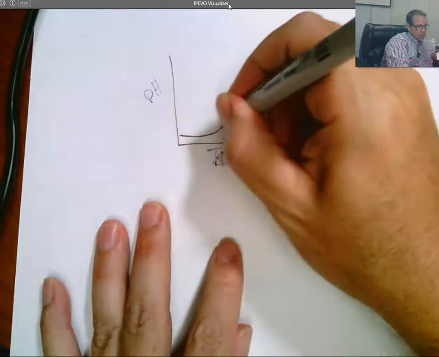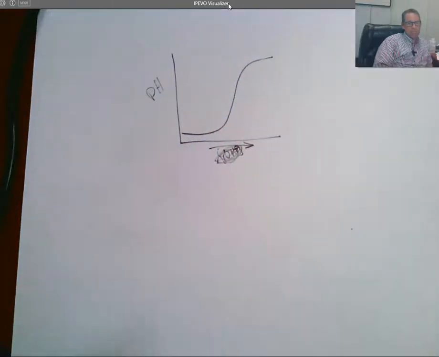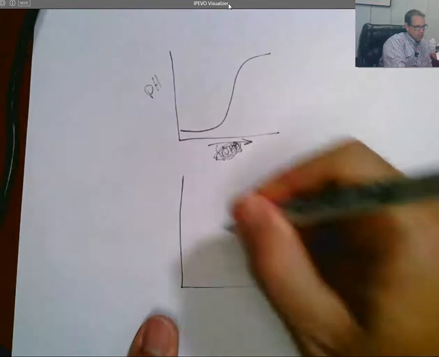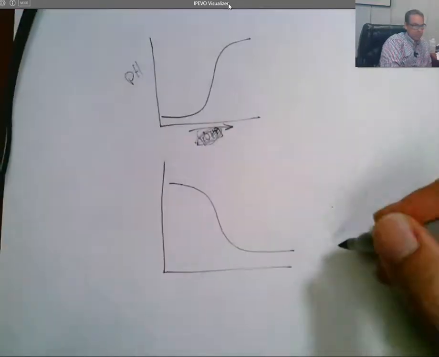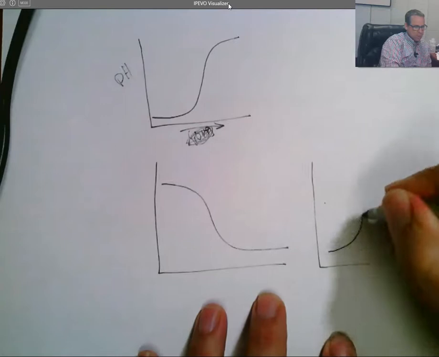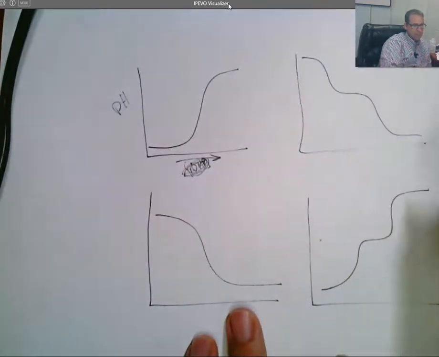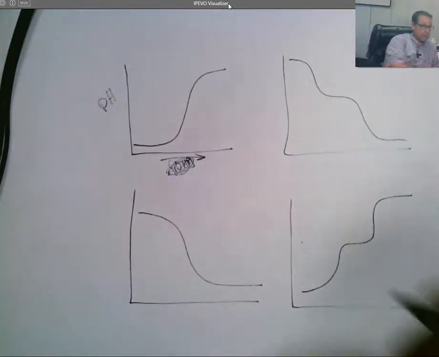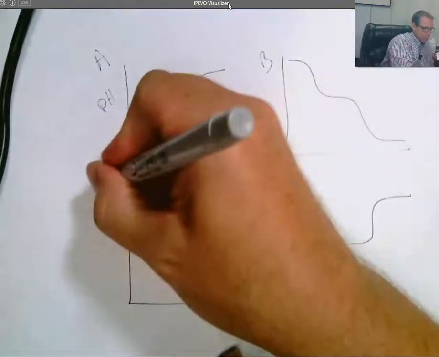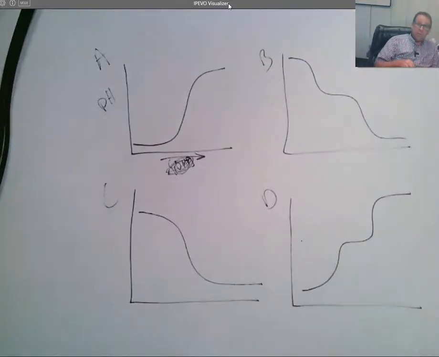If I showed you a titration like this, and compared it to a titration like this, and like this, and like this, which one of these, A, B, C, D, could be the titration of a base with an acid?